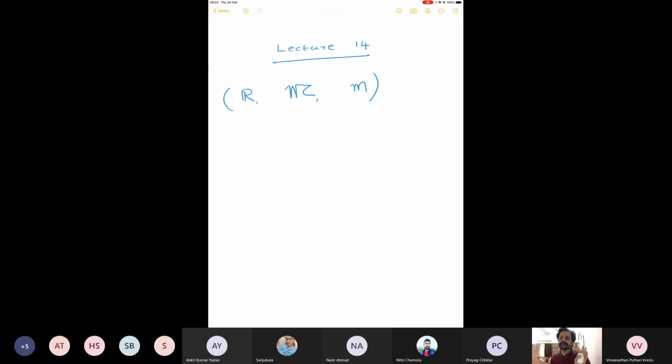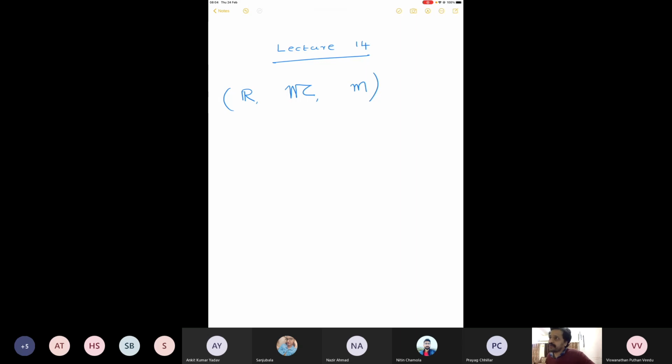So this is the triplet that you should have in your mind when we start integration. R is the set, M is a sigma algebra of subsets of R, and m is a measure on M, which is the Lebesgue measure.